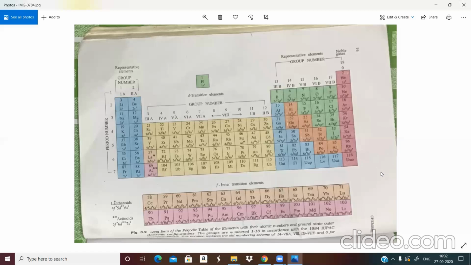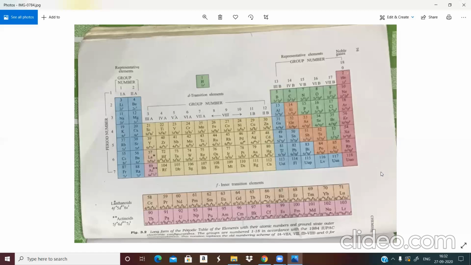That is, the 3d series starts from scandium, atomic number 21, which has the electronic configuration of 3d1, 4s2. The 3d orbital are filled at zinc, atomic number 30, with electronic configuration of 3d10, 4s2.